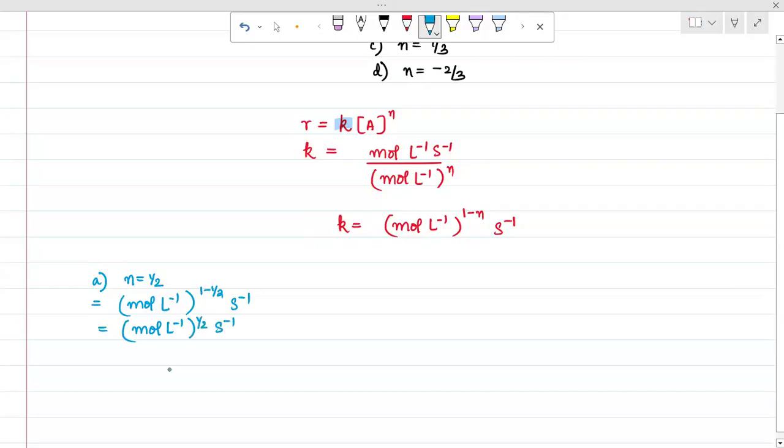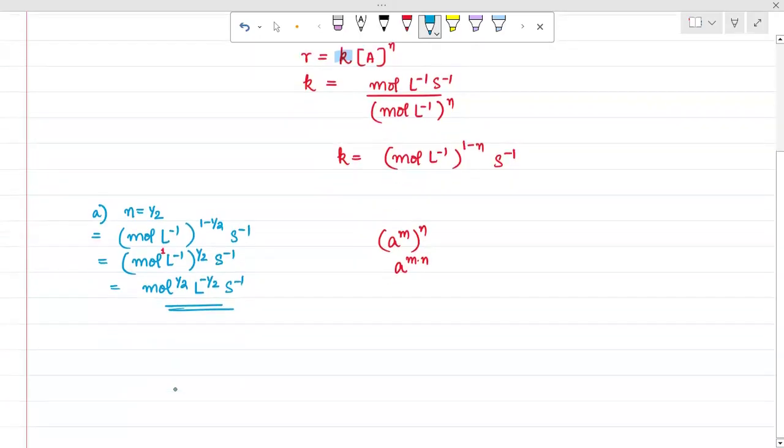If you want to take it inside, note that a to the power m raised to n is a to the power m into n. So here you have mole to the power 1 raised to 1 by 2. When you open the brackets, it becomes mole to the power 1 by 2, L to the power minus 1 by 2, per second. That's it.